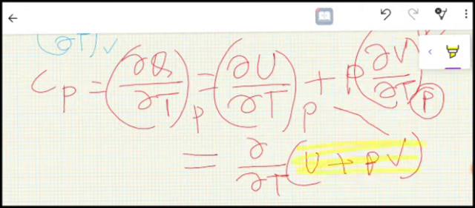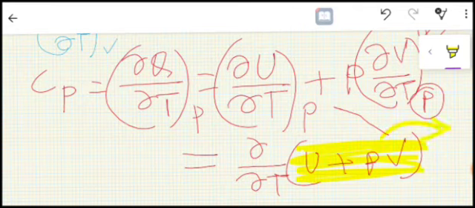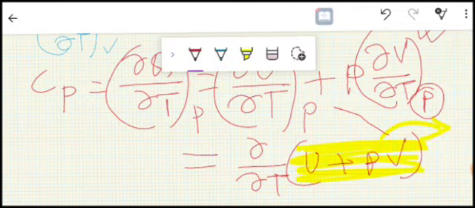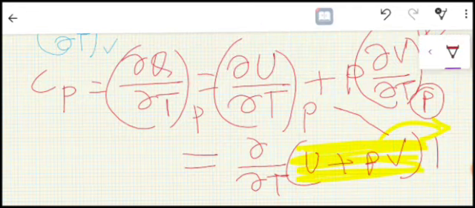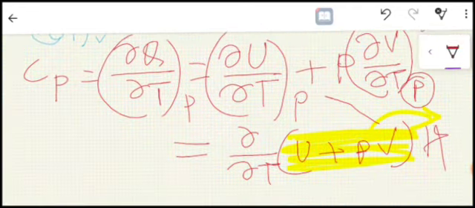This is nothing but the enthalpy of the system, H. So we can say that this is equal to ∂H/∂T at constant P. So Cp is equal to ∂H/∂T at constant P, and Cv is equal to ∂U/∂T at constant V.